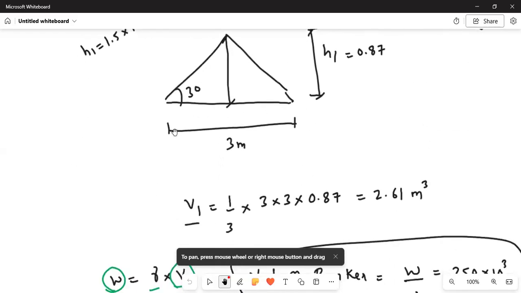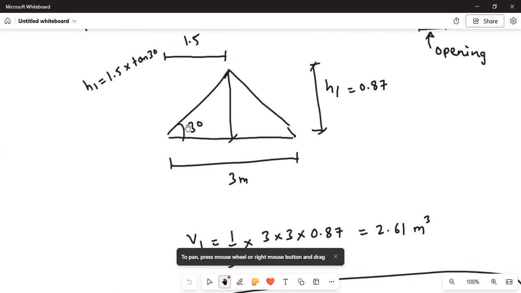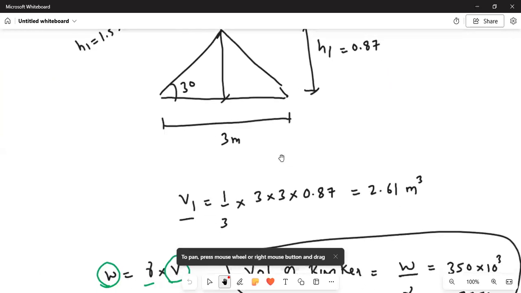And since the bottom dimension is square, and at the top it is just like a triangle, it is a conical shape. So the volume V1 equal to 1/3 into 3 into 3, where 3 into 3 is the bottom dimension, that is the square bunker, into height. Height is 0.87. That is equal to 2.61 meter cube.